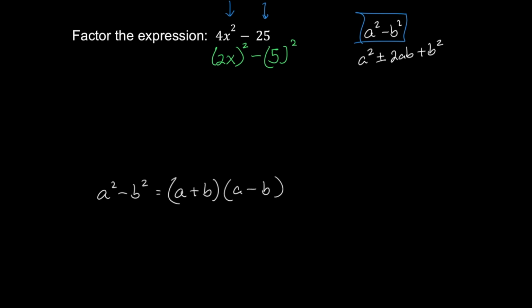Remember that in this formula, a is what you square to get the original term, and b is what you square to get the 25 in the second term. So a is 2x and b is 5. So when we write out the factors of this, it's going to be 2x plus 5 and 2x minus 5.